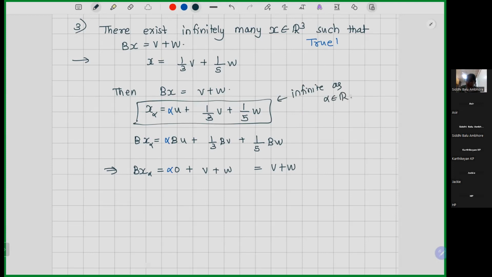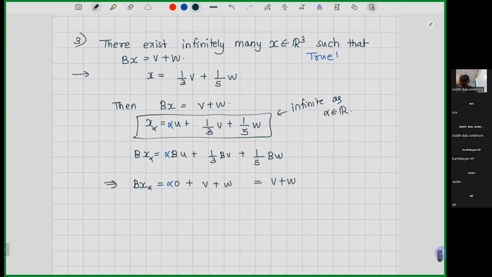Alpha belongs to R. Not many x belongs to R cube such that bx equals v plus w. If we take x equals alpha u plus beta v plus gamma w, then bx equals alpha bu plus beta bv plus gamma bw. Then we take alpha 0, that means it will be 0, and here is 3 beta v plus 5 gamma w equals v plus w.